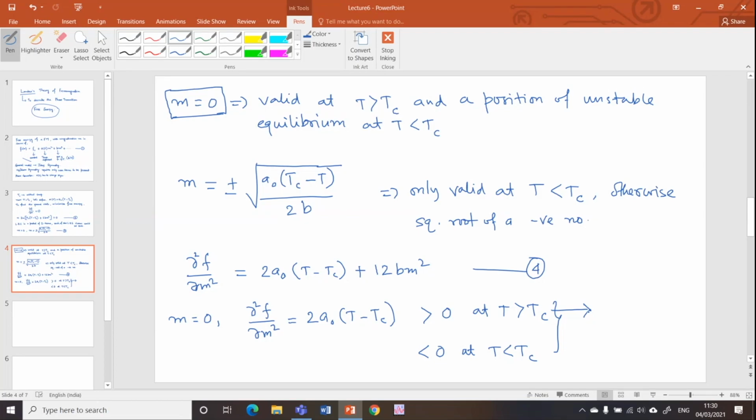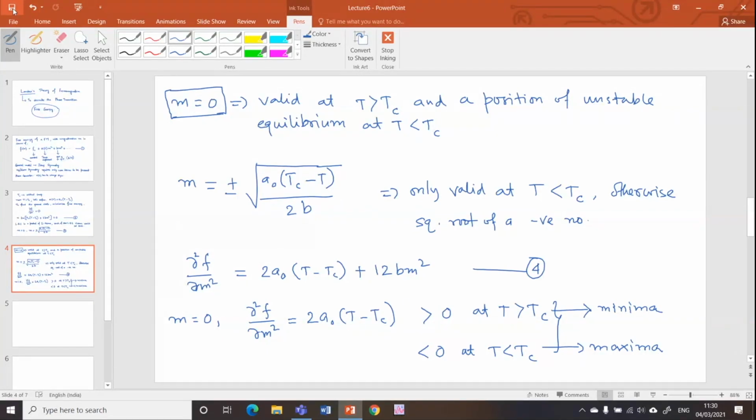Is it maxima or minima? Minima. And if it is less than 0, then it will be a position of maxima.